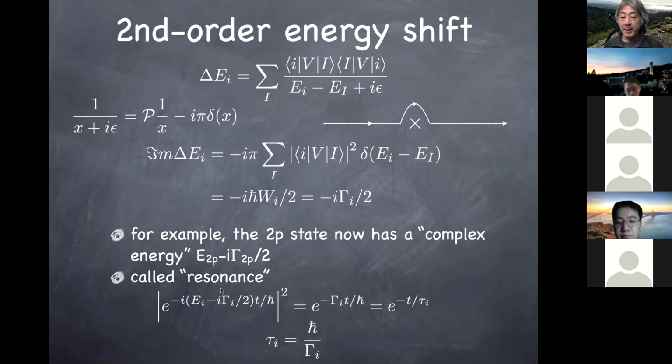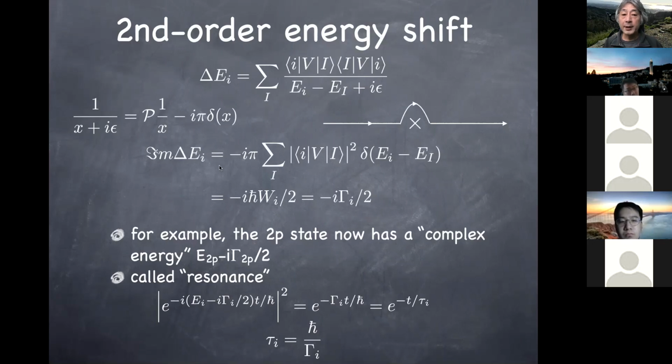So this imaginary part of the energy is what gives you this exponential decay law. So you find this relationship that the lifetime tau is the inverse of this gamma, the imaginary part of the energy, up to a factor of h bar. So this is how you obtain the imaginary part of the energy from second order perturbation theory.